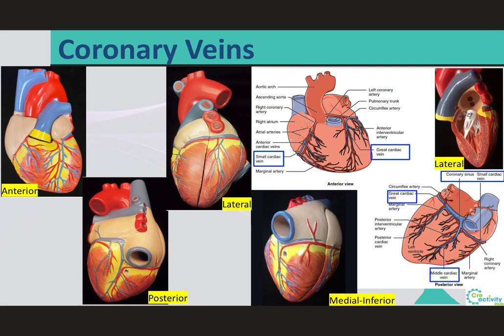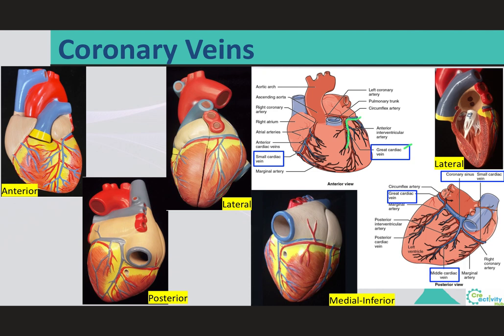Now we're going to cover the coronary veins. These are the blood vessels that will be removing the waste products and the carbon dioxide from the cardiomyocytes. We have a few of them, and they will run parallel to the arteries that we already talked about. First, anteriorly, we have what we call the great cardiac vein, and like the name says, it's going to be huge.